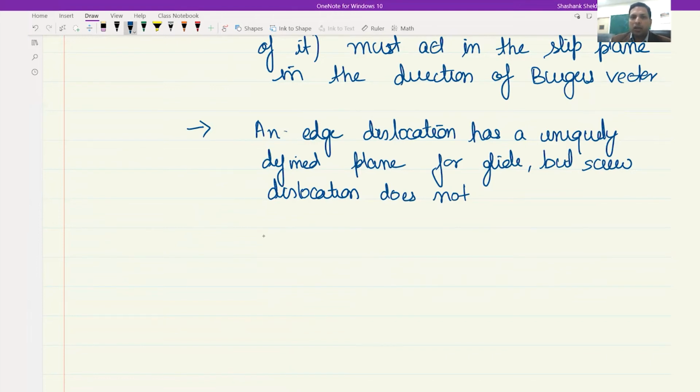So we saw that edge dislocation gets confined to the plane where Burgers vector and line vector are present, while in the case of screw dislocation, Burgers vector and line vector are parallel. Therefore, there is no plane to be defined as such, and hence screw dislocation is not confined in any plane.